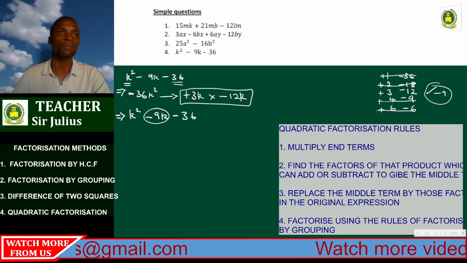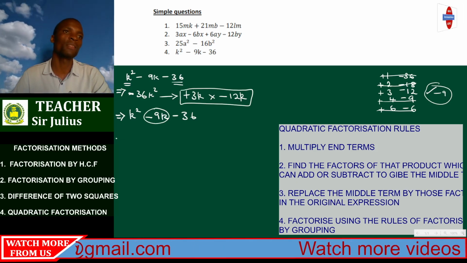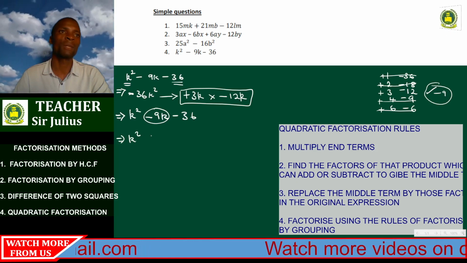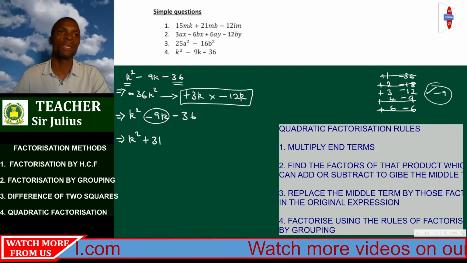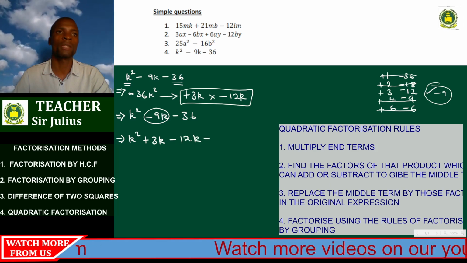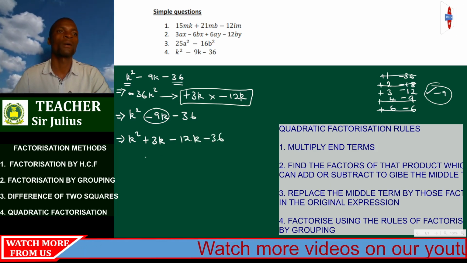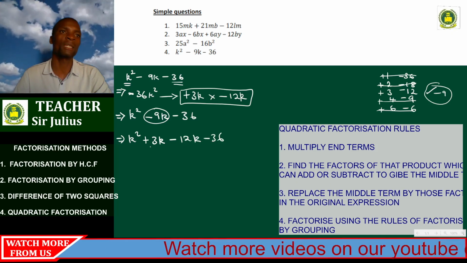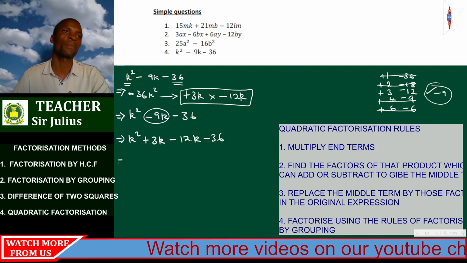So I'm going to write k squared, not 9k here, but now plus 3k minus 12k and minus 36. Putting these two is as good as putting 9k, because they add and subtract to 9k, right?